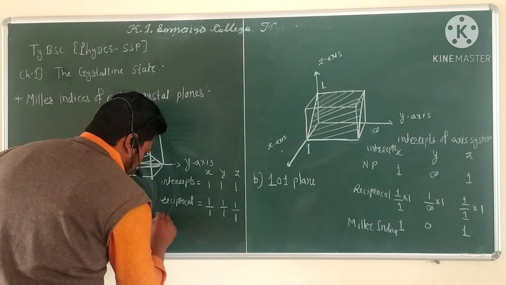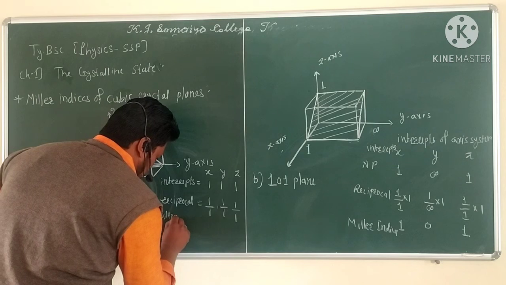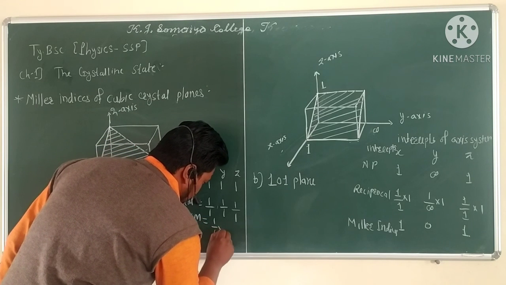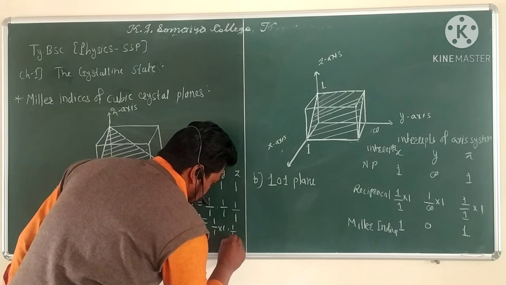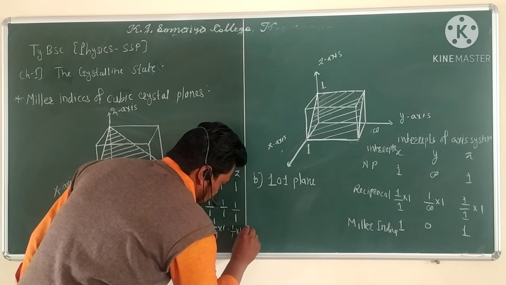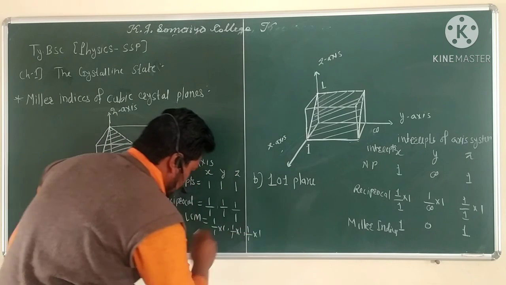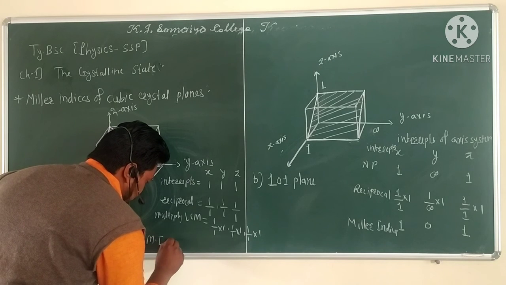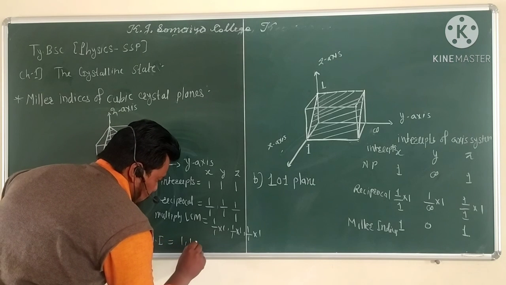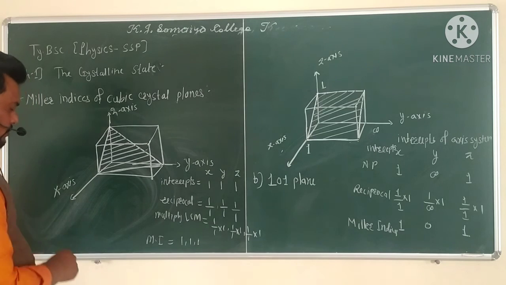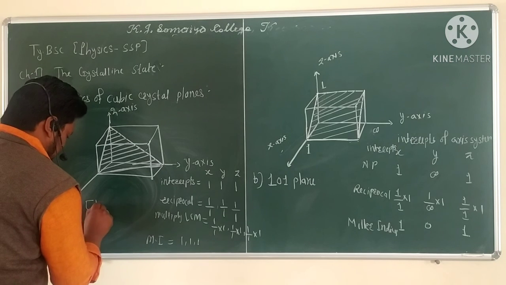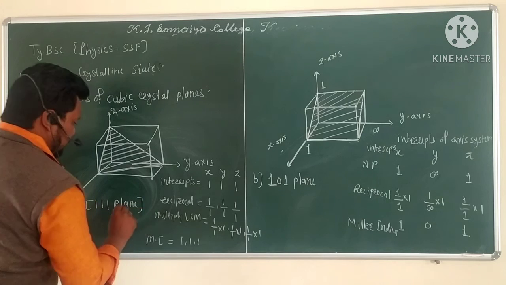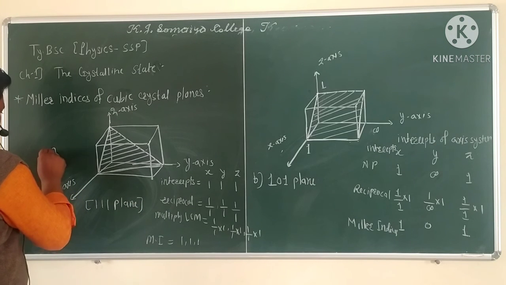Multiplying by the LCM, which is 1, we get the Miller indices 1 1 1. That's why we say this plane is the 1 1 1 plane, which is shown in figure C.